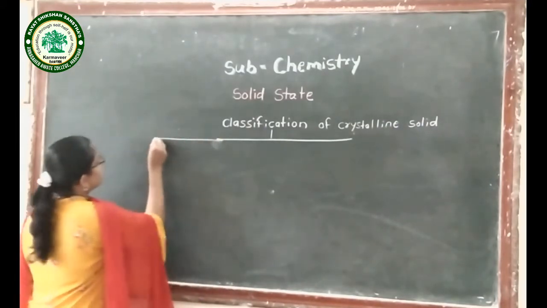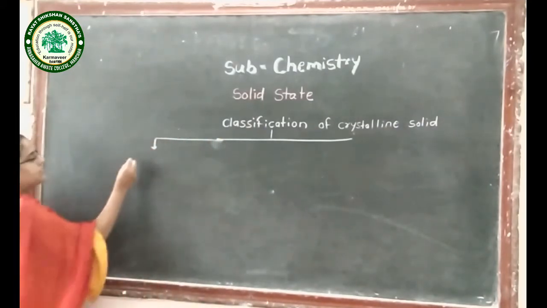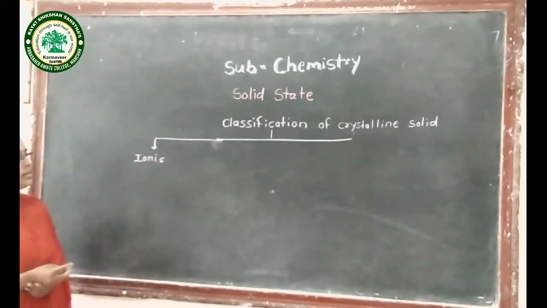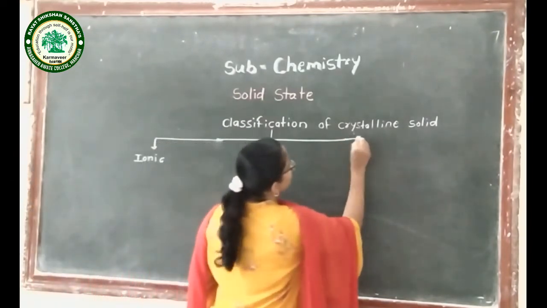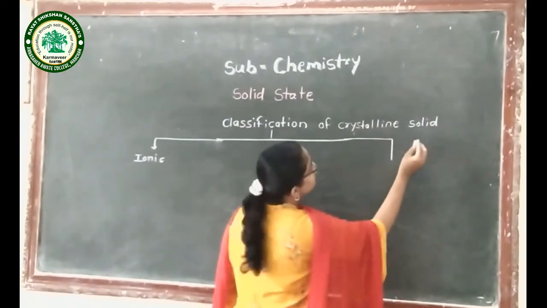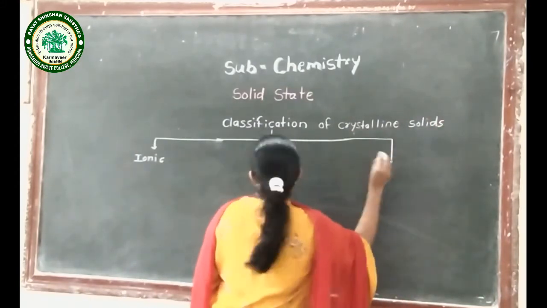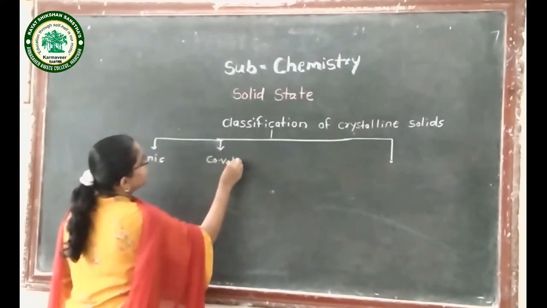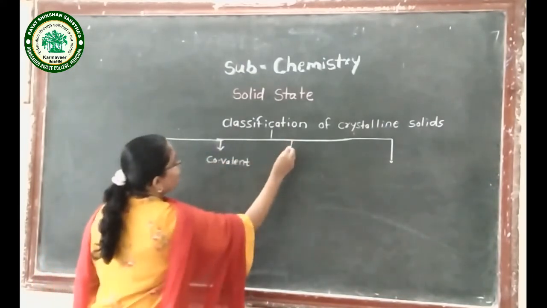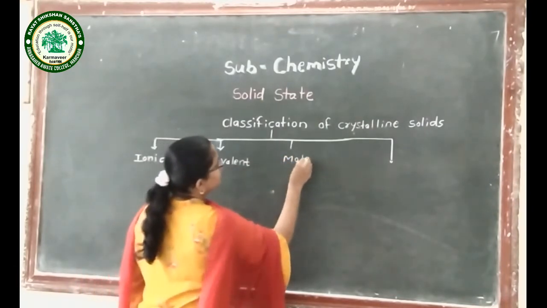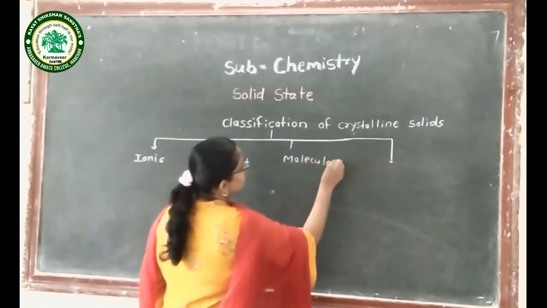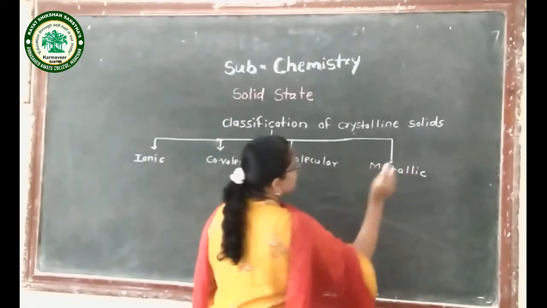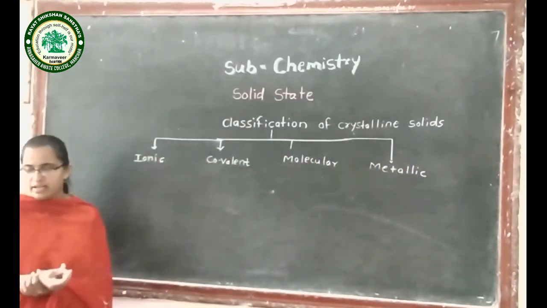First is the ionic crystal. Second is a covalent crystal. Third is a molecular crystal. And fourth one is a metallic crystal.